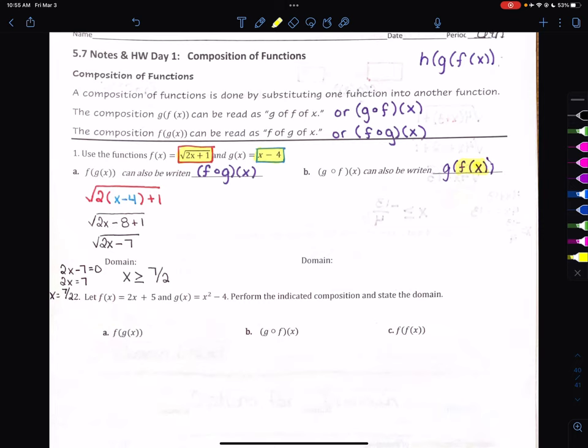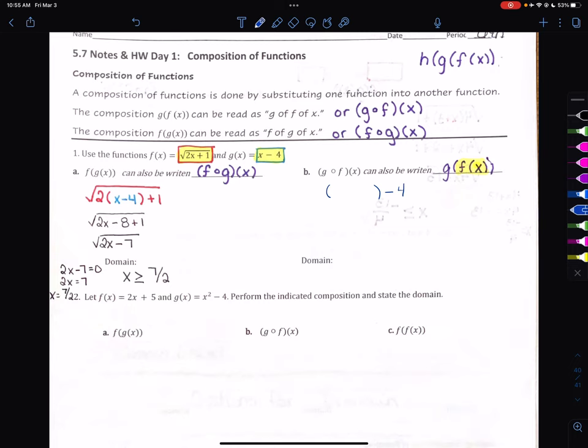So the g of x equation is x minus 4. Instead of writing x, we're going to put parentheses there because we're going to substitute something in. So x minus 4.